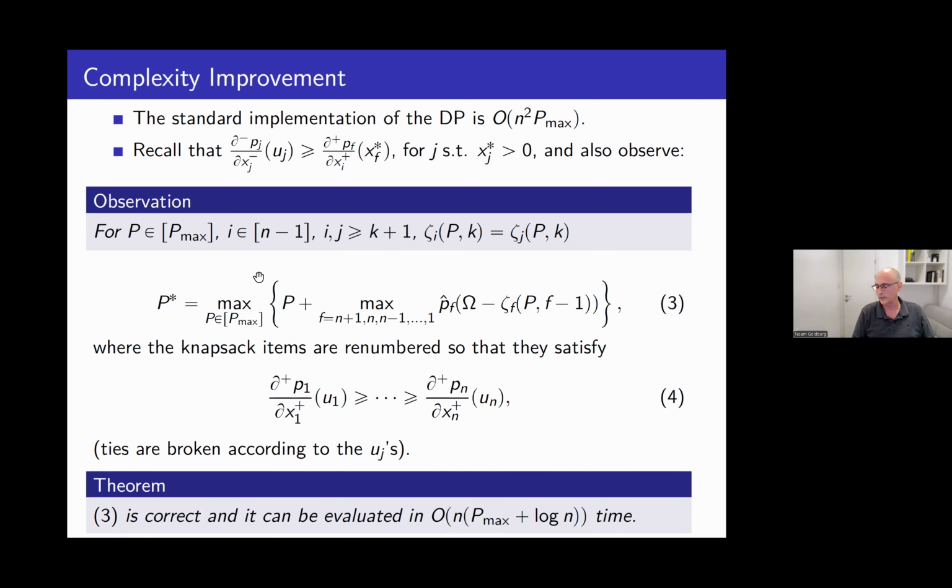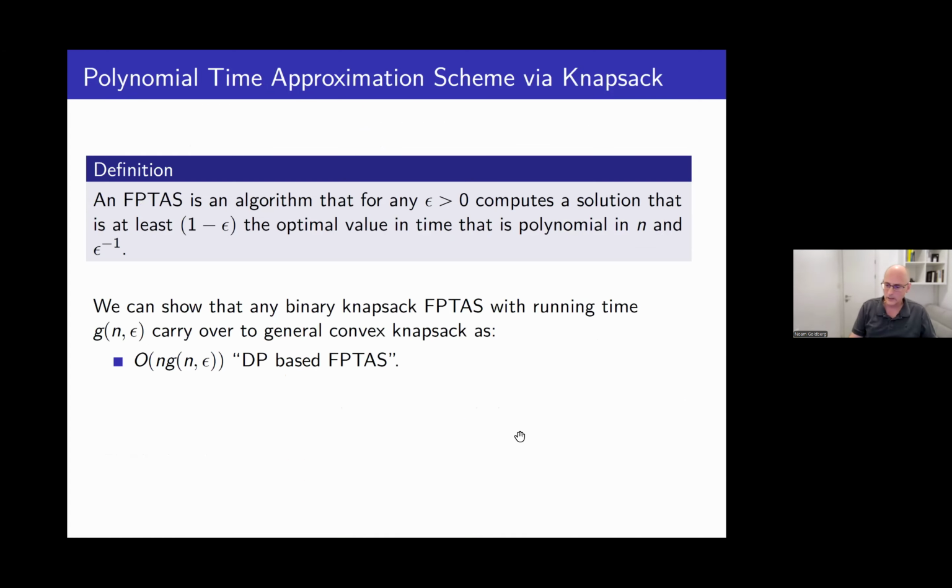So this fact is the basis for the proof of the complexity being n times p max. To be more precise, we also need to account for the sorting, but typically p max is much larger than log n. So to be precise, it's n times p max plus log n.